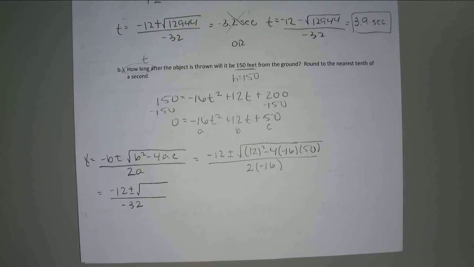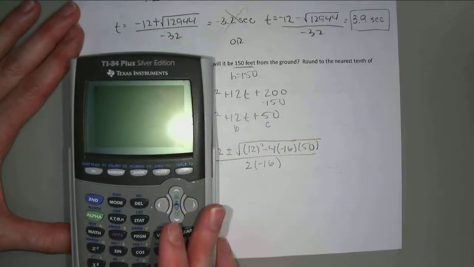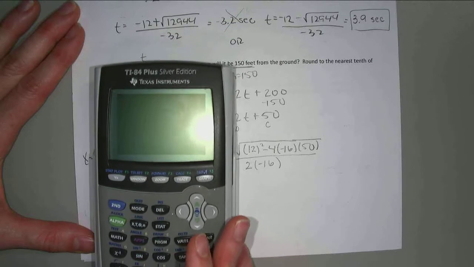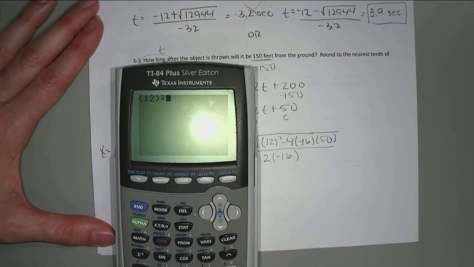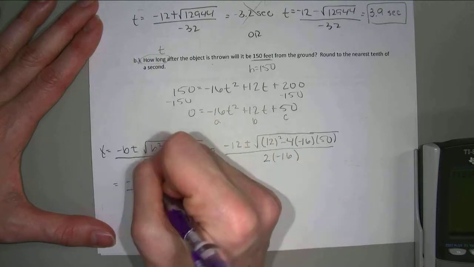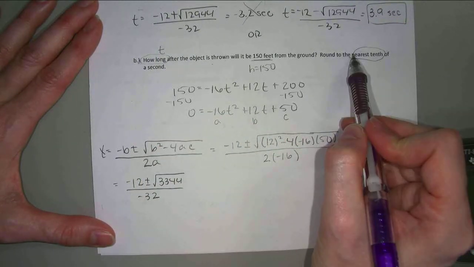Did I do that wrong? Okay. Let me try it real quick. So I'll do 12 squared minus 4 times negative 16 times 50. No, you got it. 3344.